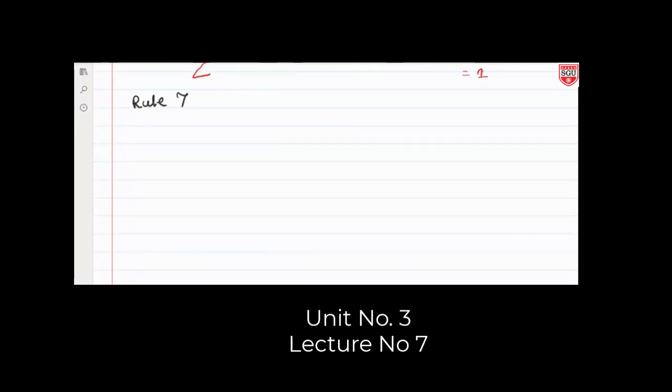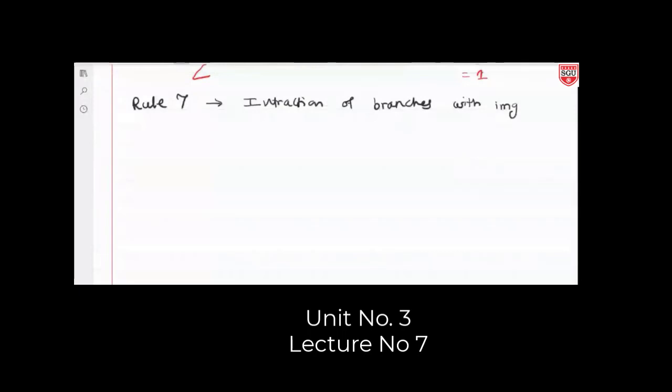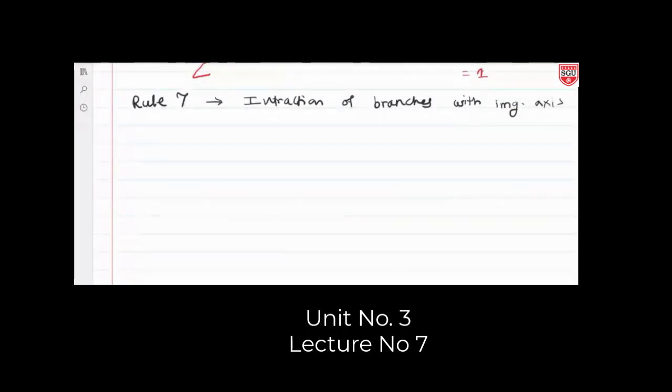Rule number 7 tells us the points at which branches will intersect the imaginary axis. Means what? Suppose here are the poles.